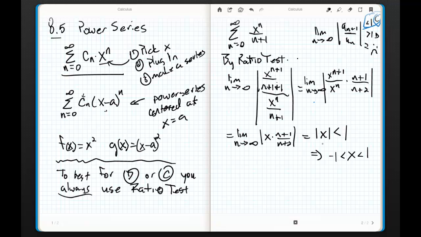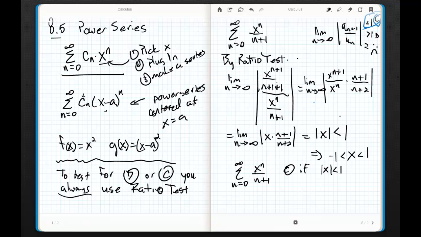Easy peasy, just definition of absolute value. So I know for sure that the sum as n goes from 0 to infinity of x to the n over n plus 1 converges if absolute x is less than 1.